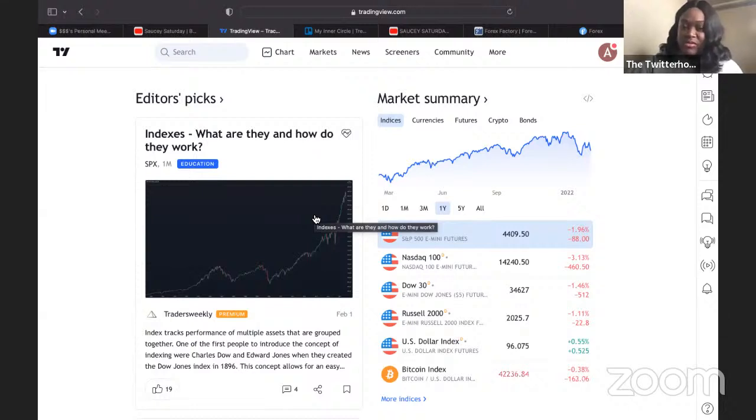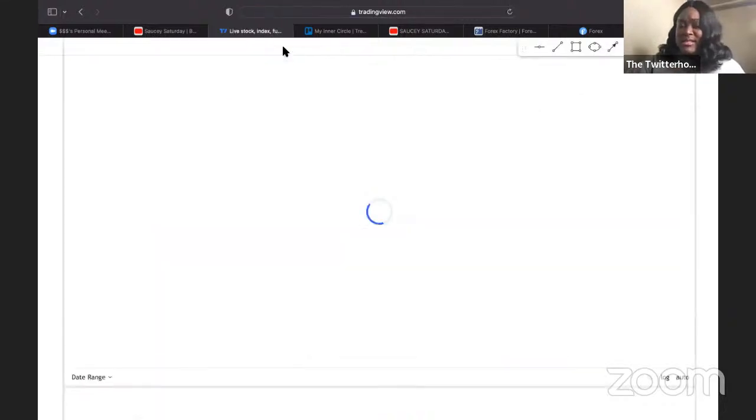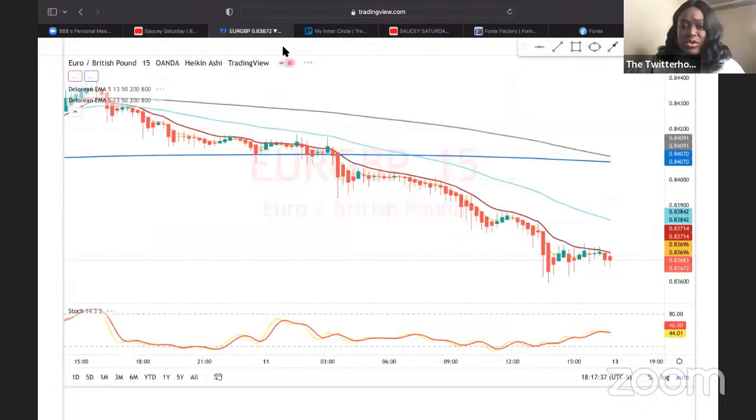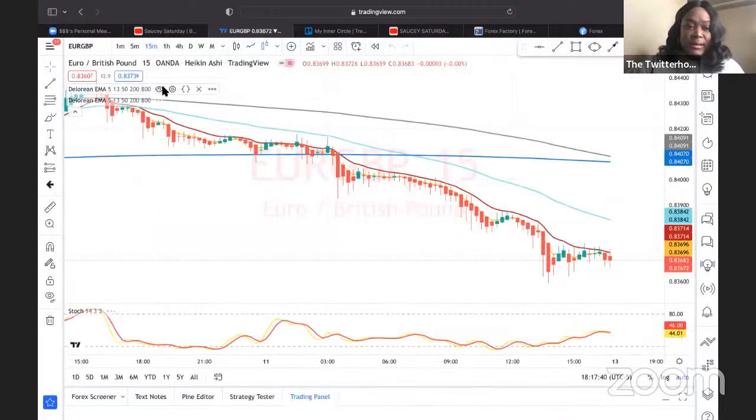You can do the free version. The paid version gives you added features. So as you become a more seasoned trader, you may want to invest and pay for that. Trading View, to create an account, it's as simple as using your Google credentials.